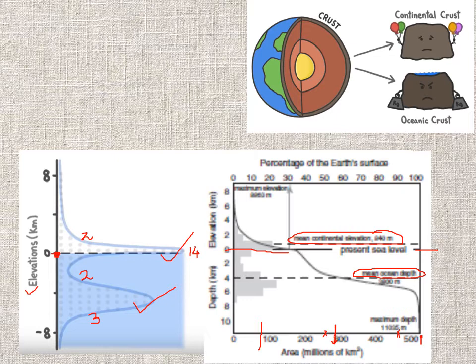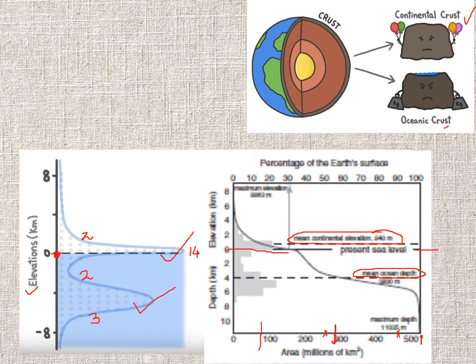So for elevations, mean continental elevation will give this peak, and similarly for depth, mean oceanic depth will give you another peak, and that will occur due to the different composition of earth crust. We all know that earth is made up of two different types of crust. One is oceanic crust and another is continental crust.